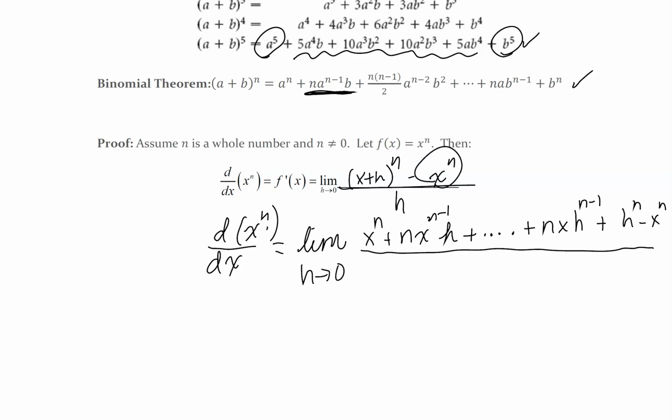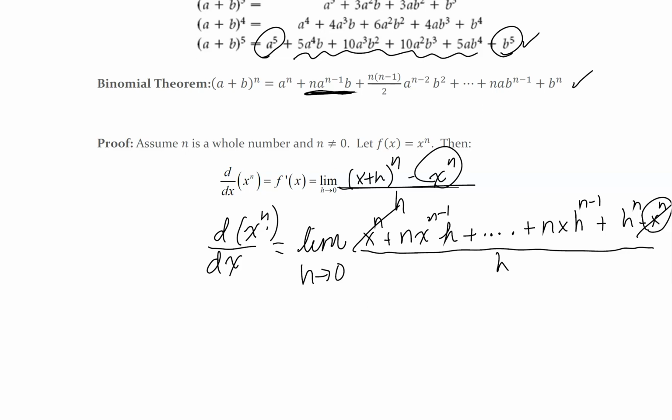So x to the n minus x to the n is gone. And you can see now that all the terms here will have an h in it, where the power of h is increasing.